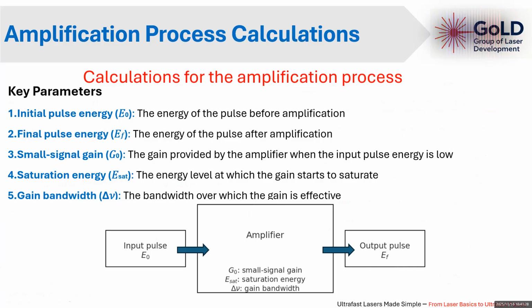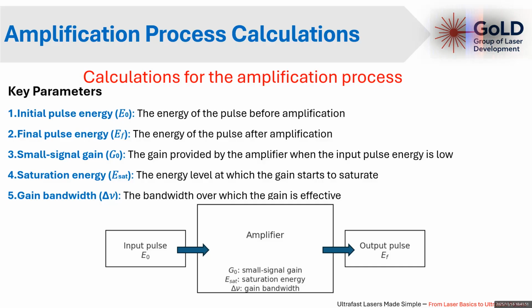Amplification process calculations. The key parameters for this are the initial pulse energy, and what will be the output pulse energy. Small signal gain, the gain provided by the amplifier when the input energy is low.